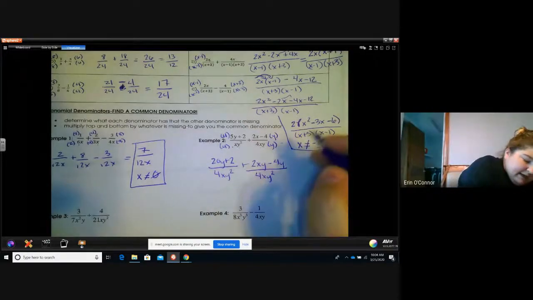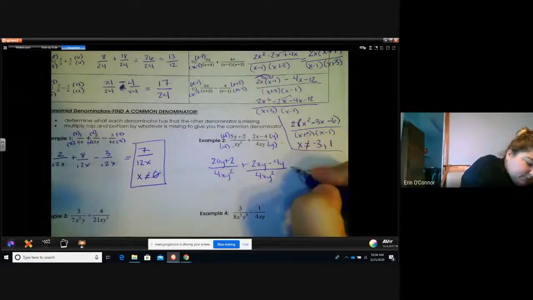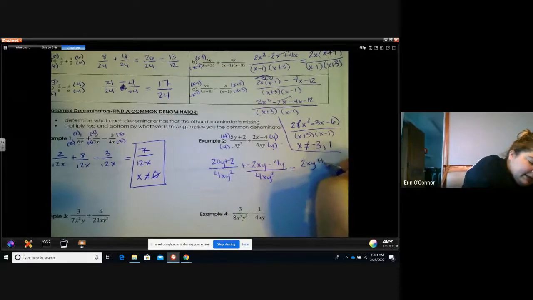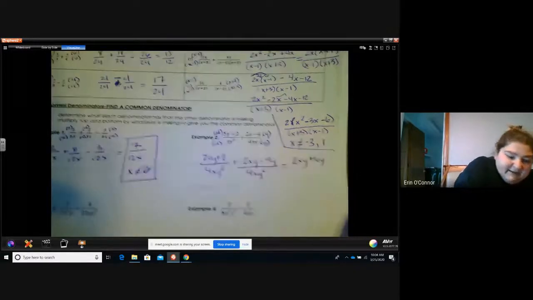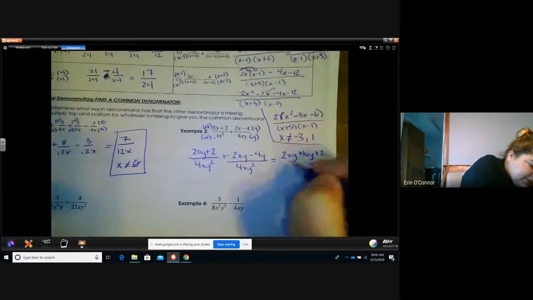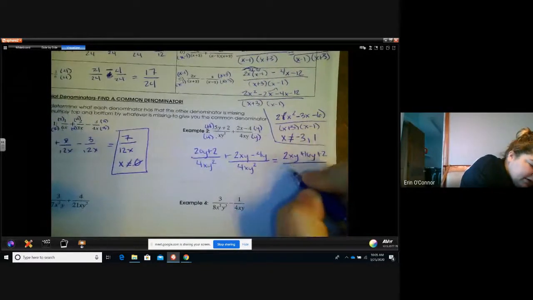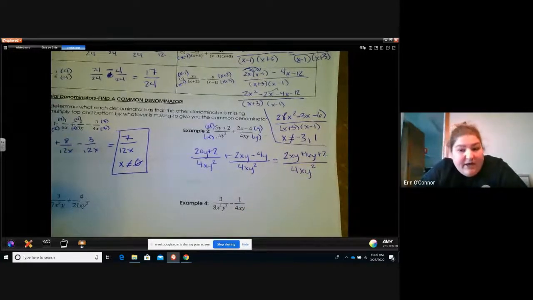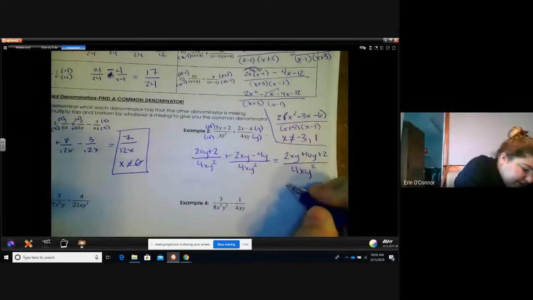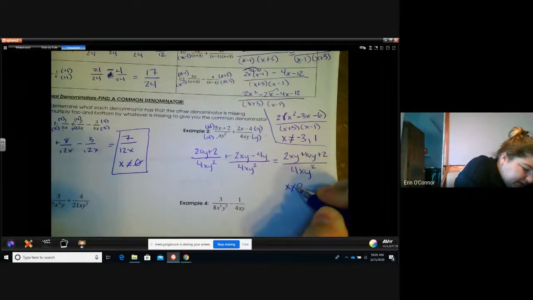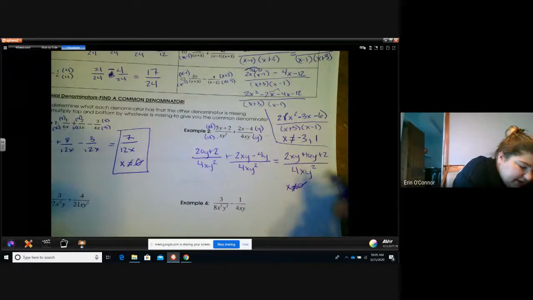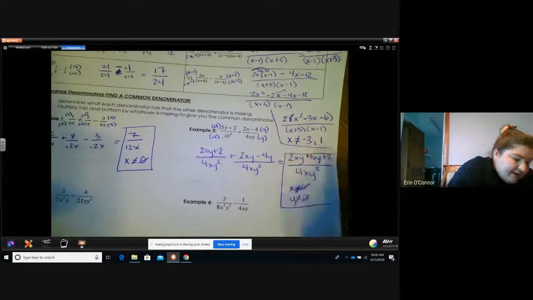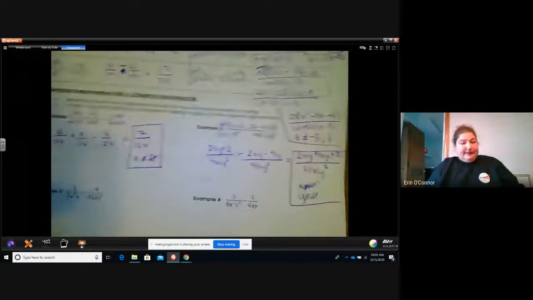So when we add those, first we're going to get 2xy. 20y minus 4y is 16y. It's a positive 16, so we're adding. And then plus 2. And then this is all going to go over 4xy squared. Now here, the x can't equal 0. And what I'm doing is an equal sign with a line through it. And y can't equal 0. Neither the x nor the y can equal 0. Okay.